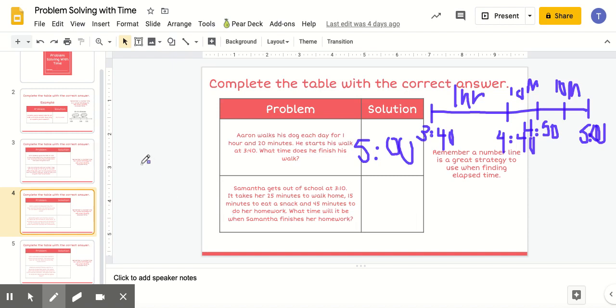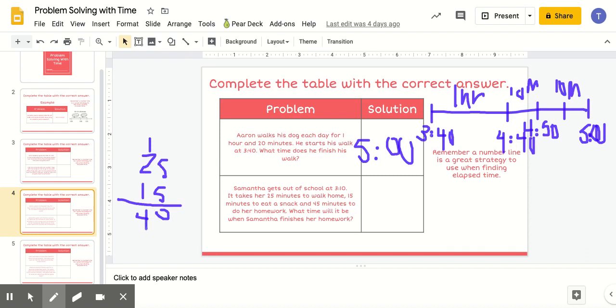So it says that she spent 25 minutes walking home, 15 minutes to eat a snack. So I'm going to add 25 plus 15. 5 plus 5 is 10. 1 plus 2 plus 1 is 4. So that is a total of 40 minutes so far.